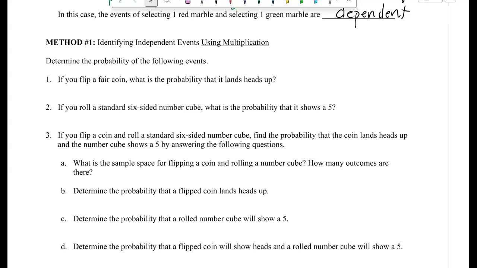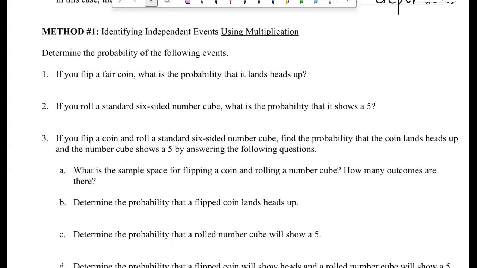So let's go with what we go first. If you flip a fair coin, what's the probability that it lands heads up? The probability of heads is 1 out of 2, which we know, and you guys told me this right away. You said it was 50%. Great. So far, so good.